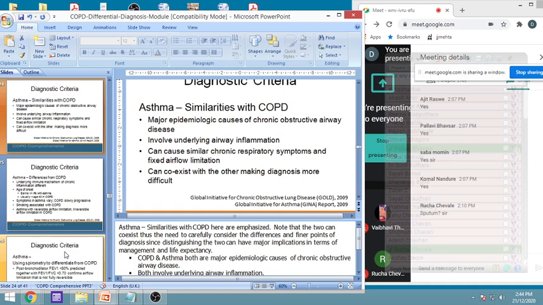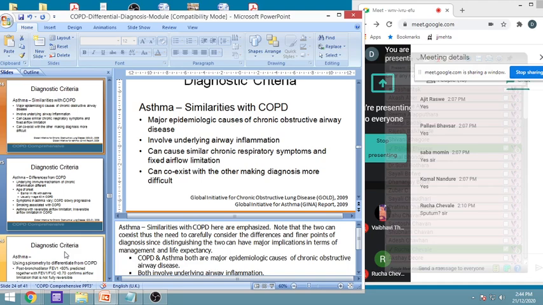It can coexist with other diseases, making diagnosis more difficult. For example, if it exists along with CCF, congestive cardiac failure, then it will be very difficult to diagnose exactly what the problem is, or if it simultaneously resembles emphysema or COPD, then it will also show the same signs, symptoms and similar activities.